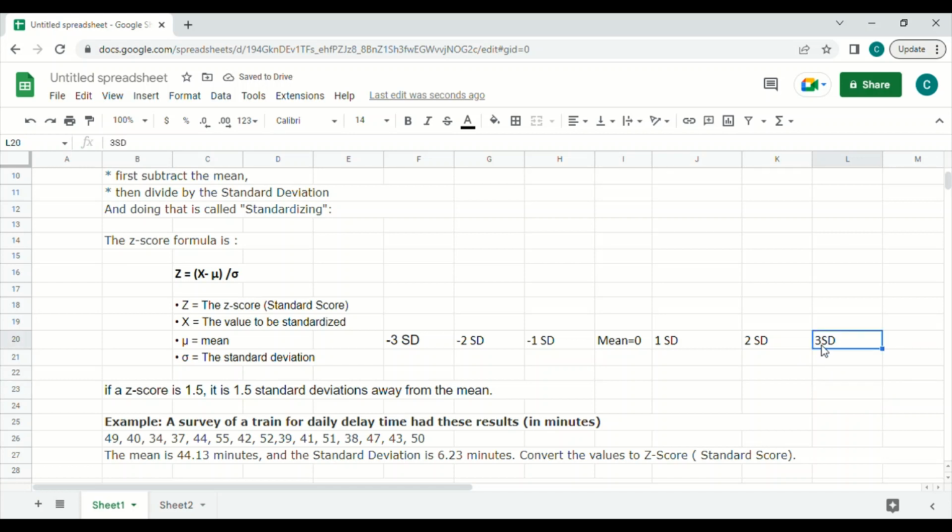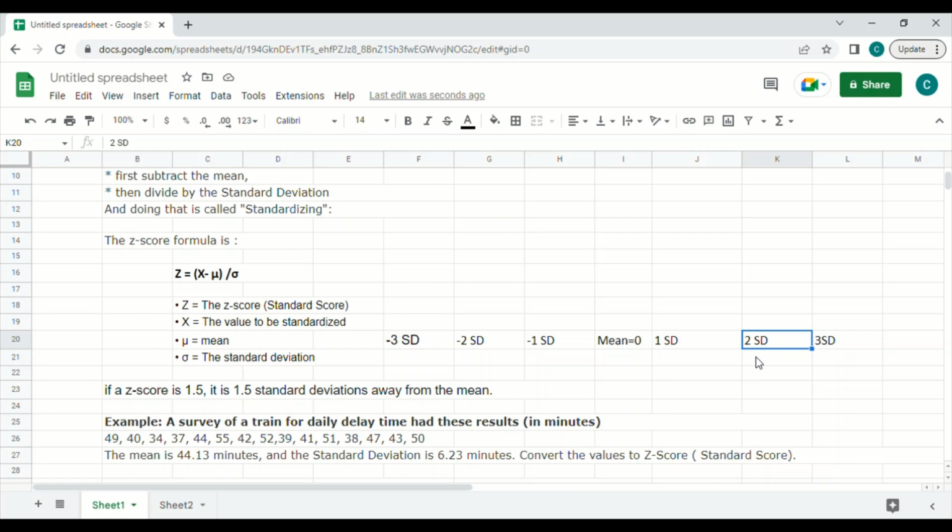Here 3 is the z-score. That means we can say that it is 3 standard deviations away from the mean. Similarly, here 2 is the z-score.